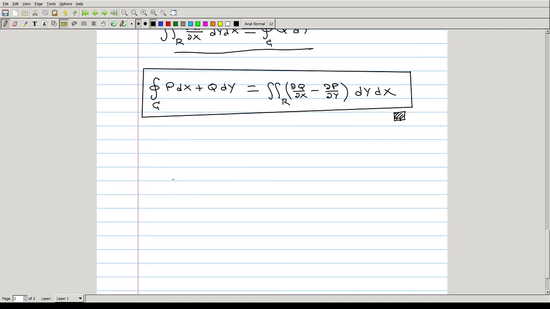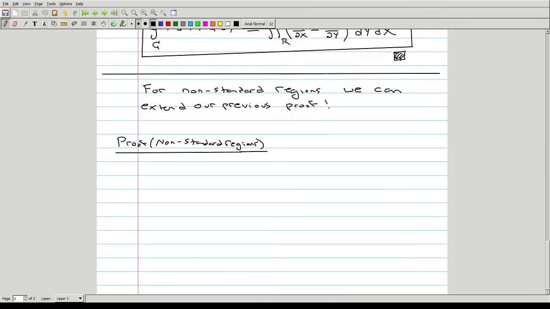Luckily, there's no reason to think that we can't extend this, and sure enough, we can, in a very nice way. So let's see how to extend this by drawing a non-standard region.